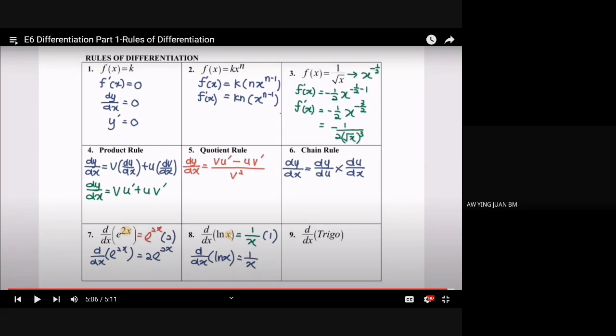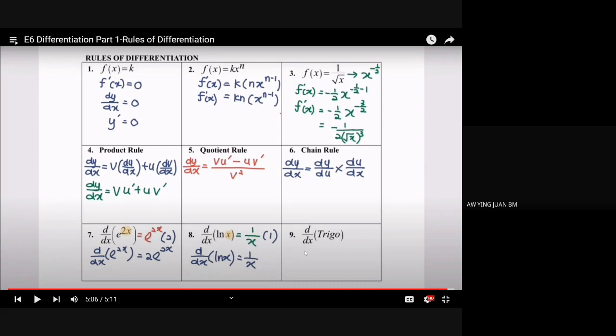Kalau jumpa ln dia adalah 1 over. Kemudian rujuk internal function, differentiate dia. Ulang suara, ln adalah 1 over. Dalam ini kalau x plus 1, bawah ini pun x plus 1. Kemudian rujuk dalaman punya function, differentiate dia. So itu adalah cara untuk deal with ln.